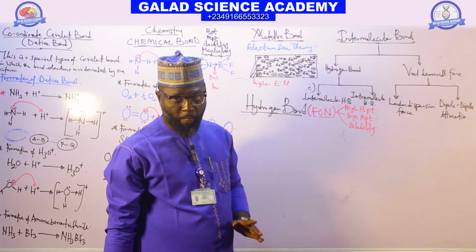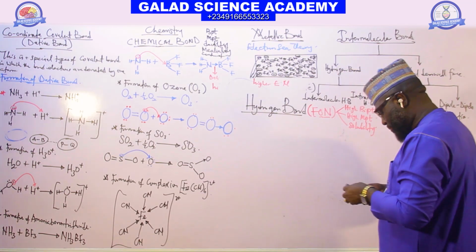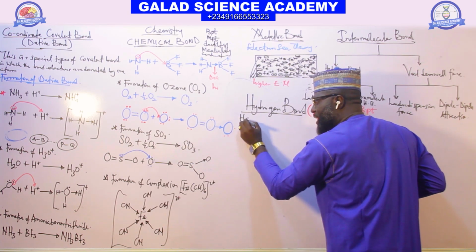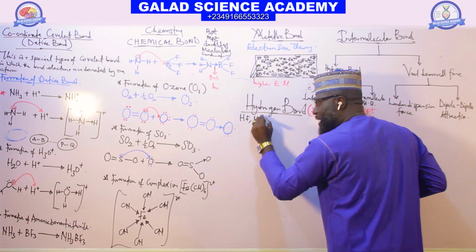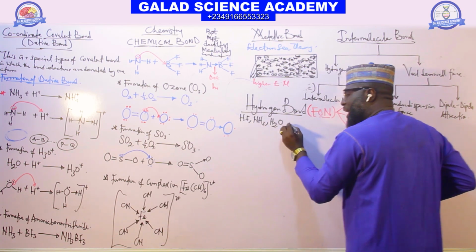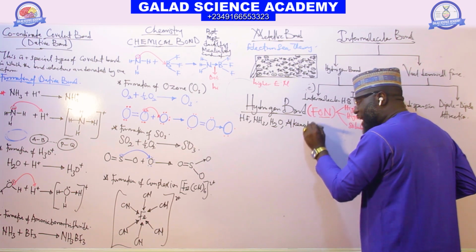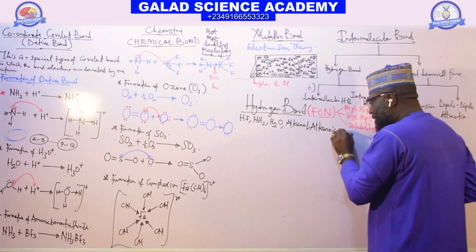Must be soluble. So this hydrogen bond can be found in compounds like hydrogen fluoride, in ammonia, in water, in alkanol, all the alkanol family, alkanoic acid.